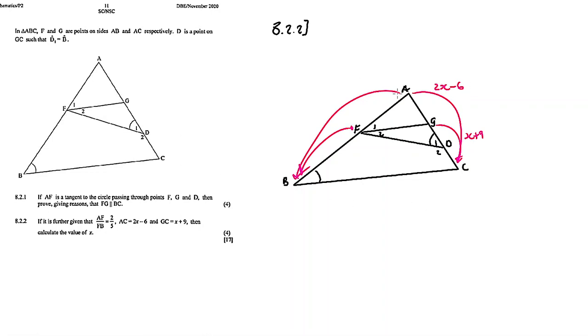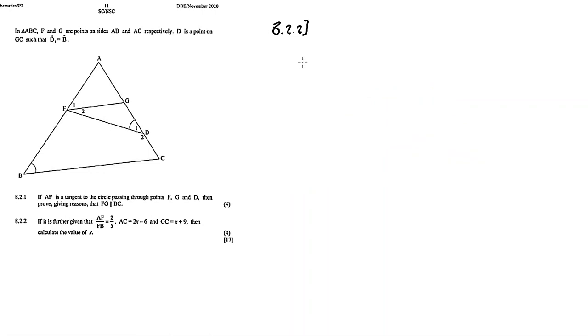AF over FB is equal to 2 over 5, but I will need AB since you know AC. AB is equal to 7, 2 plus 5. Now AB is AF plus FB, which is 7.